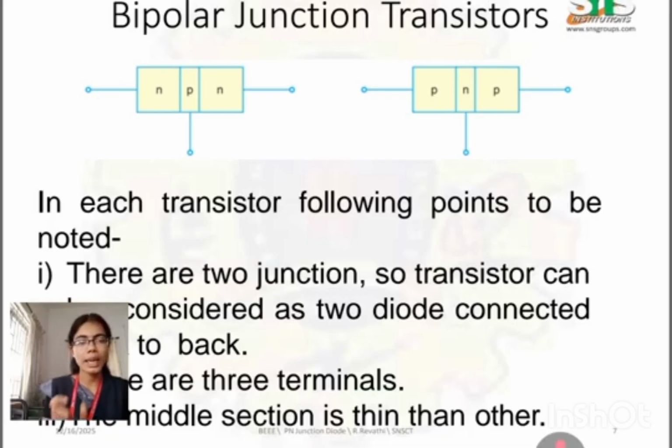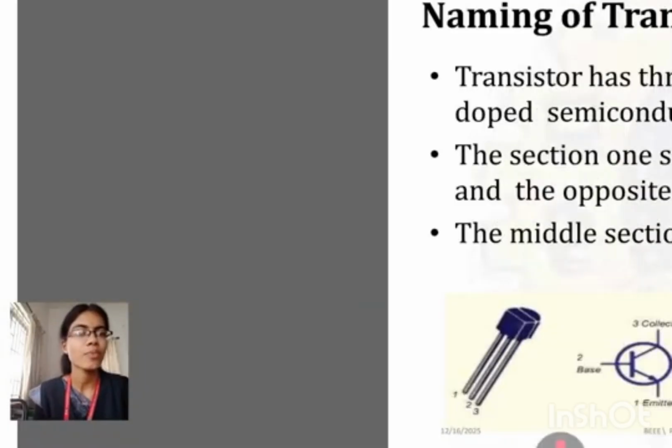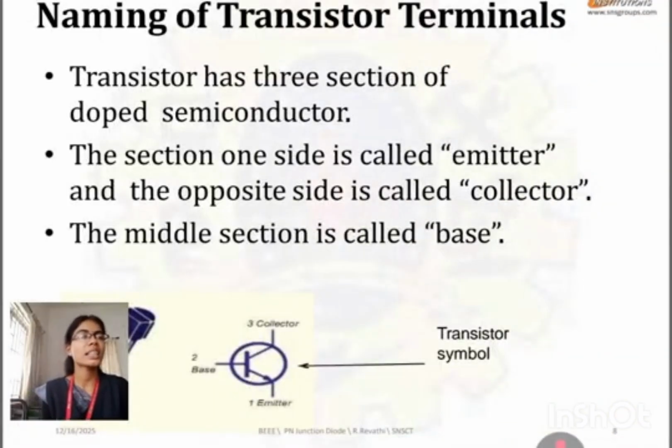In terms of size, the emitter is medium, the base is the smallest, and the collector is the largest. The middle section is thinner than the other two. A transistor has three sections of doping: emitter, collector and base.